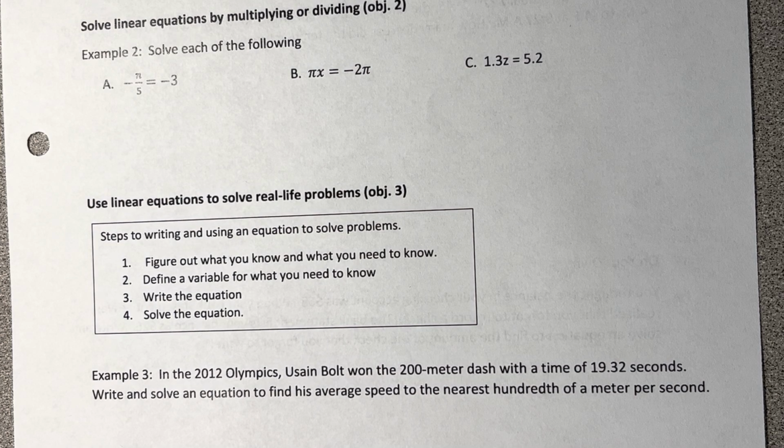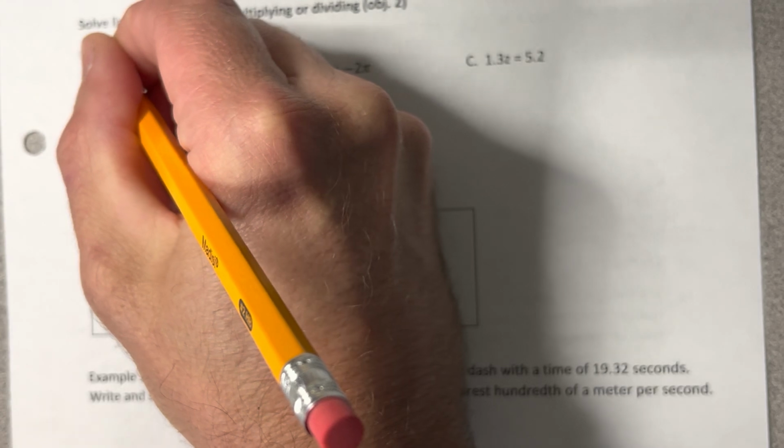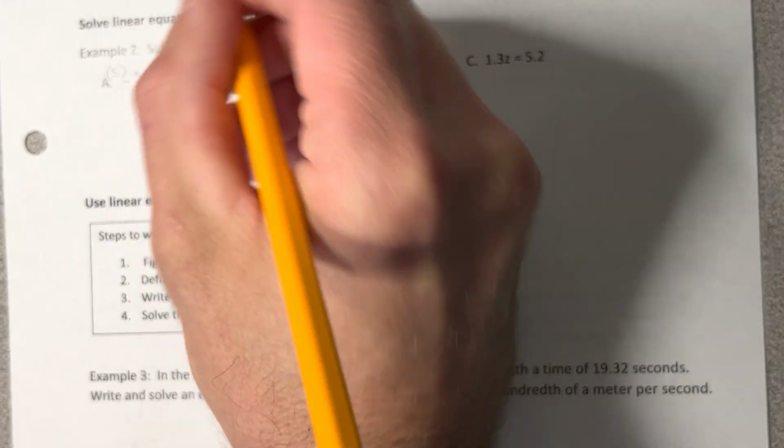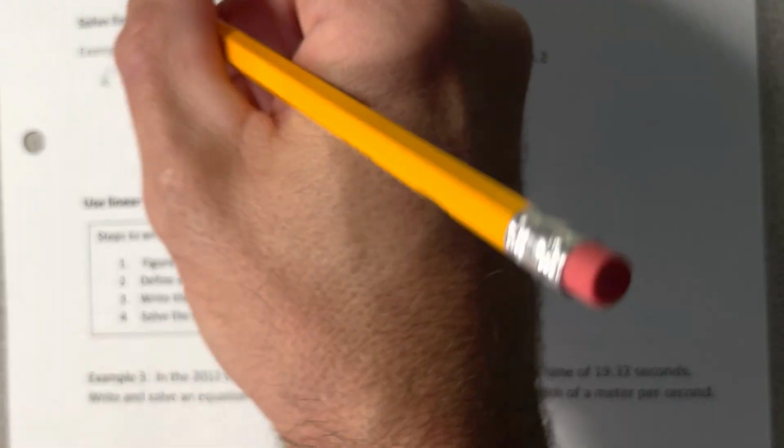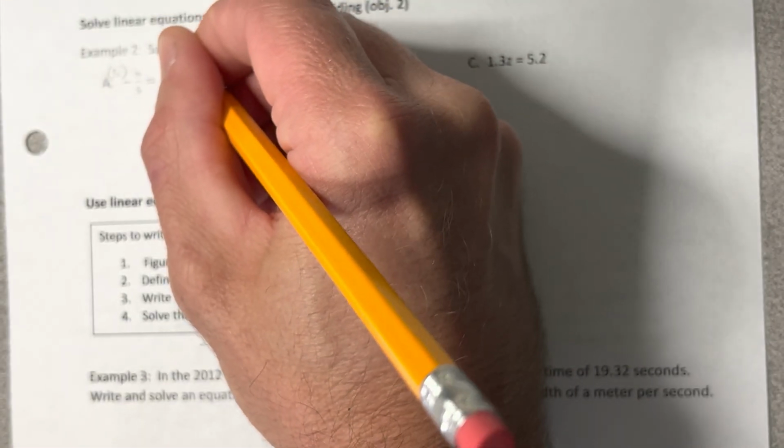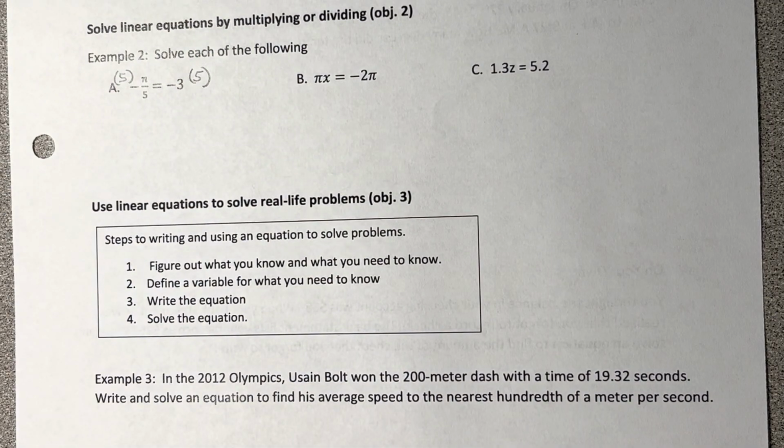How do we undo dividing by 5? Multiplying by 5. So I'm going to go ahead and write multiply by 5. And when I do that, I use parentheses like that. Now, right now it's imbalanced, right? So I'm going to balance it out. I'm going to multiply by a 5 on the other side. Now that undoes the 5, but don't I also need to undo this negative? Well, how can we make a negative positive?